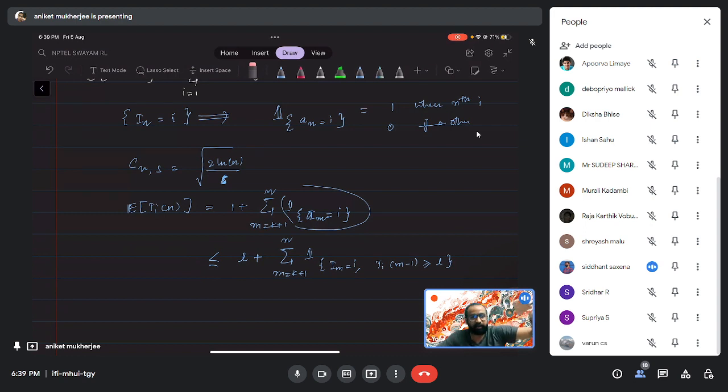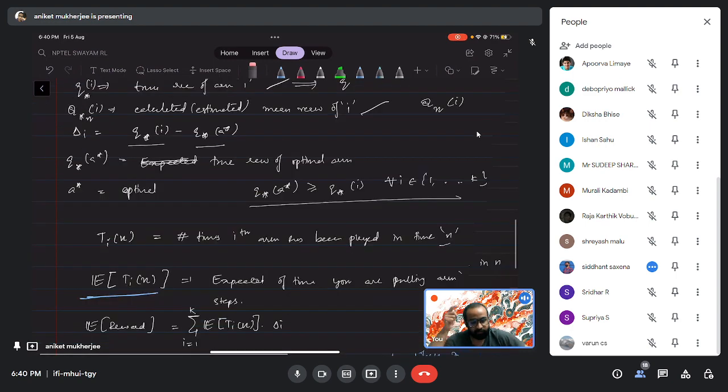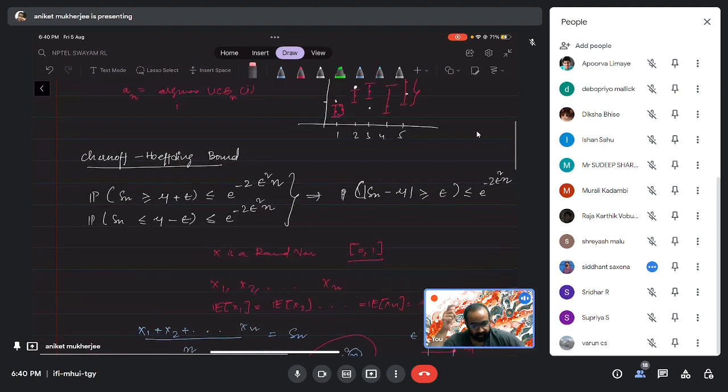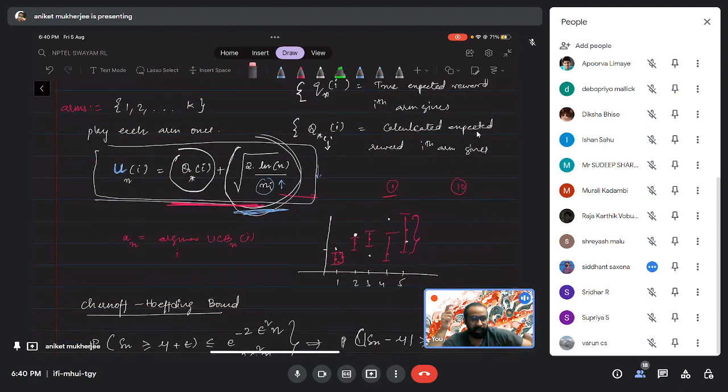But the randomness comes here, and you need to look at all the events that can take place. When fixing the inequality, that is exactly what I'm trying to do. When I'm estimating it with something, I'm adding new terms and expanding the event. I want to include more events in that, so I get a good closed form solution, the good closed form solution being this root 2 log n by n.